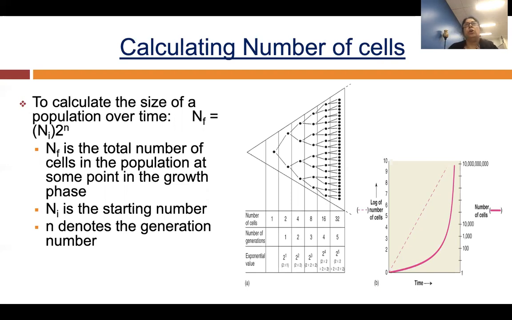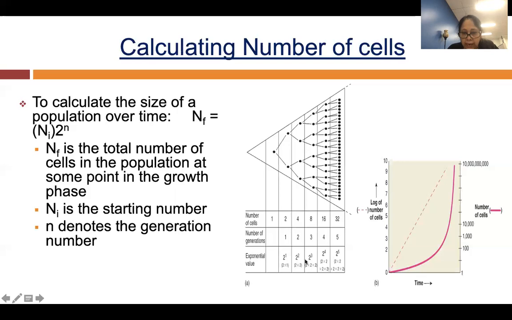To do that, we use this equation. Nf means the final number of bacteria, Ni means the initial number of bacteria, and n is the number of generations, after how many generations we are going to observe.